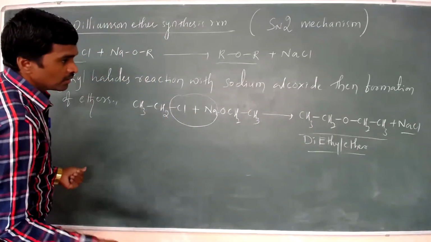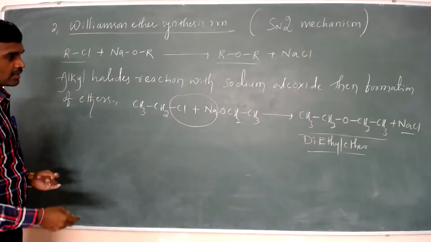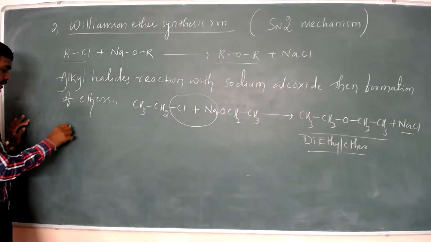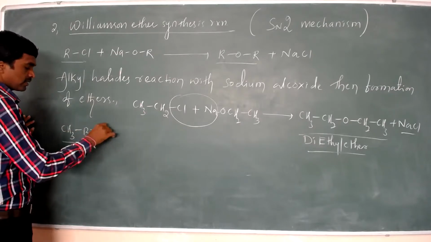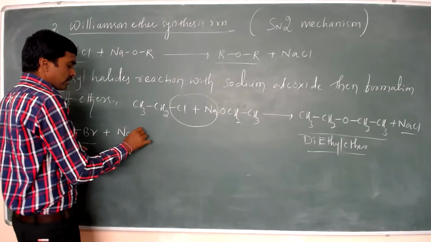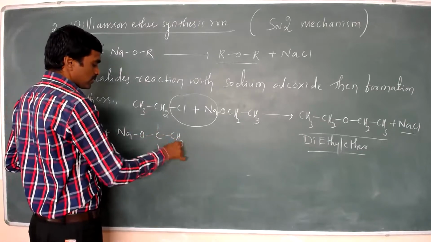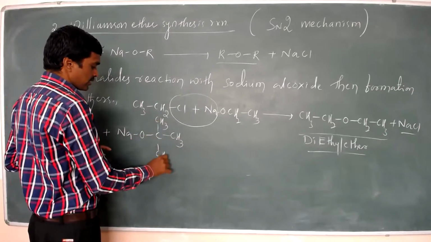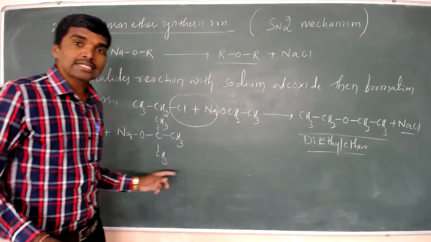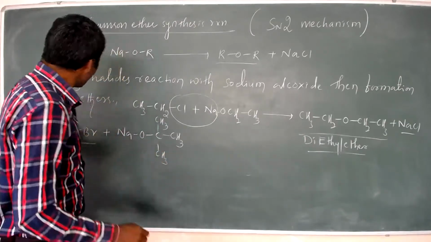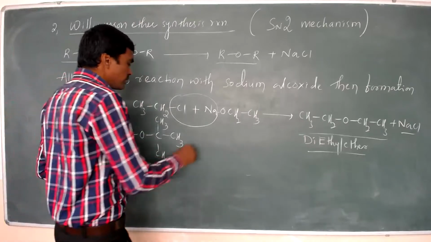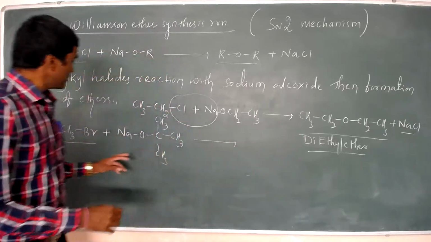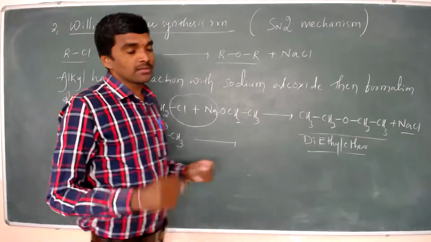Now the important point is this. For example, take methyl bromide reacting with sodium tertiary alkoxide, NaO-C(CH3)3. Sodium alkoxide is tertiary, but methyl bromide is a methyl halide only. So does this undergo Williamson synthesis reaction?